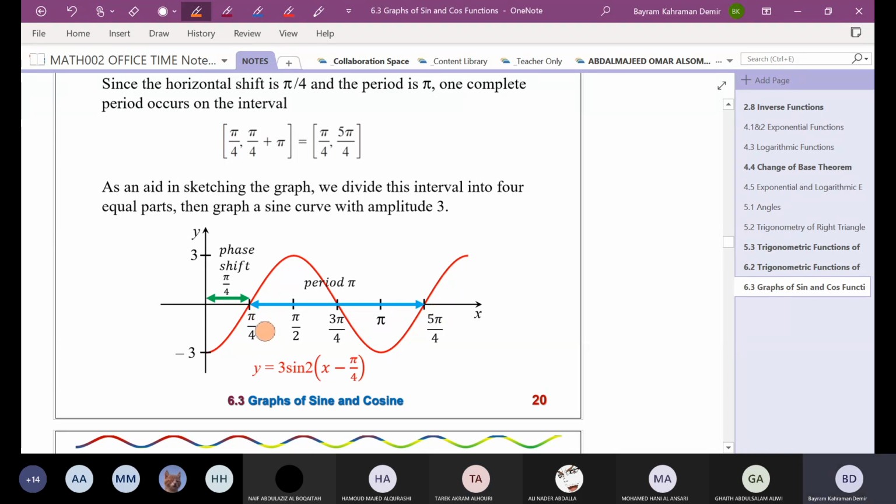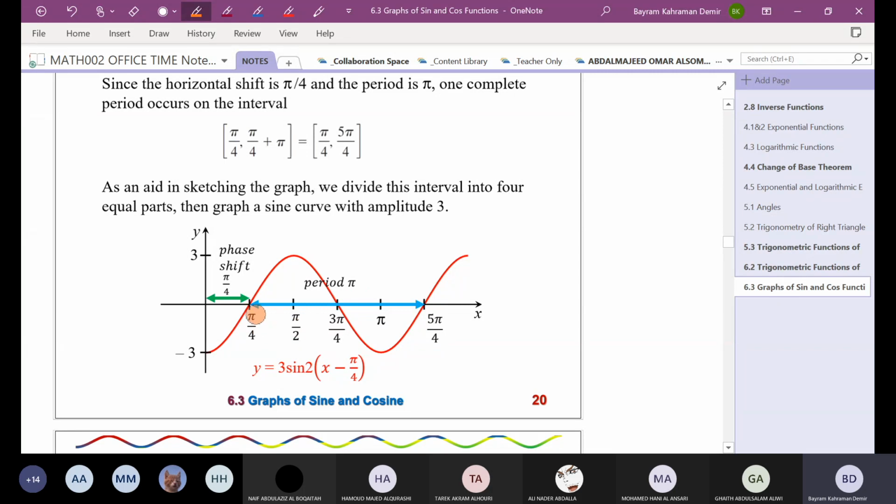Now, who's going to tell me how to find this next number, pi over 2? How did I find the pi over 2? Pi over 4 plus pi over 4, because it's one interval. Yes, you see, Shabab, each interval is how much? Pi over 4, because the total period is pi.